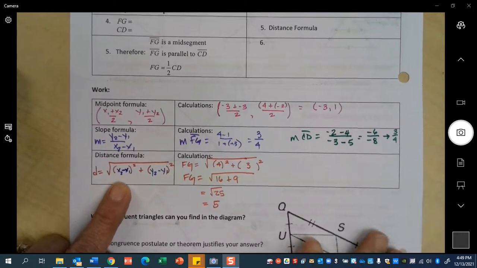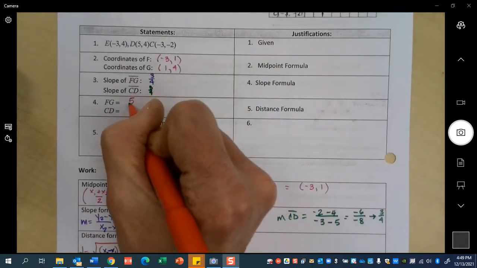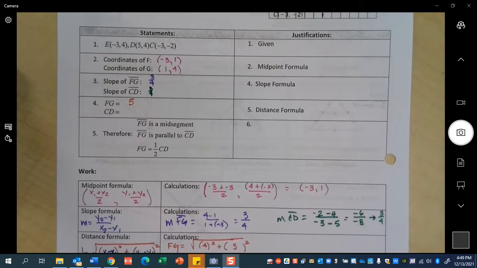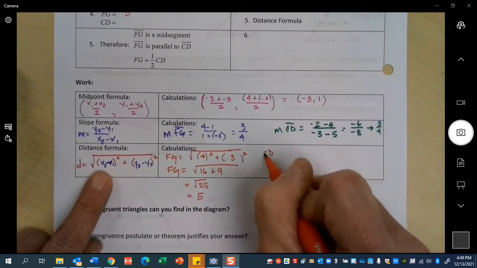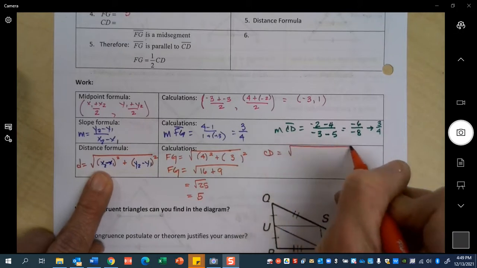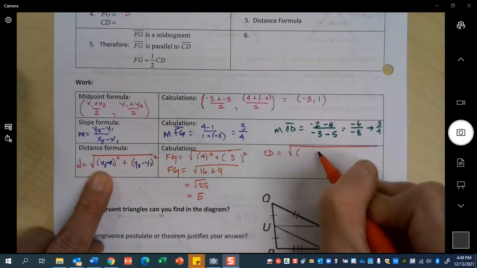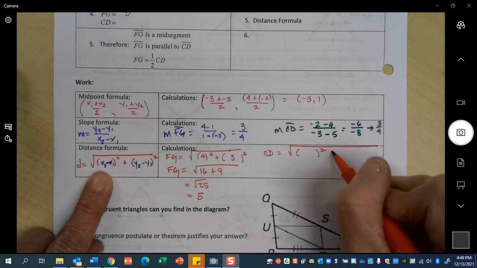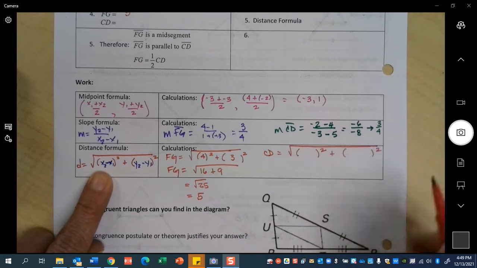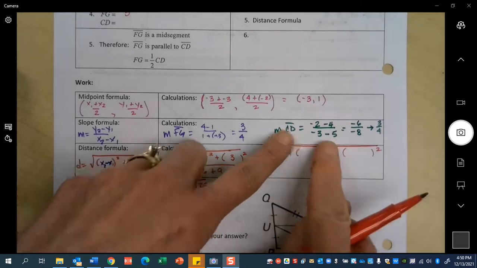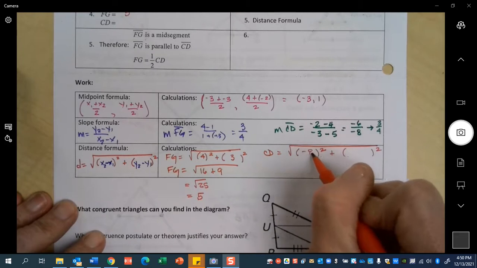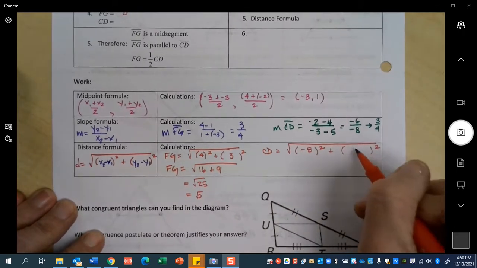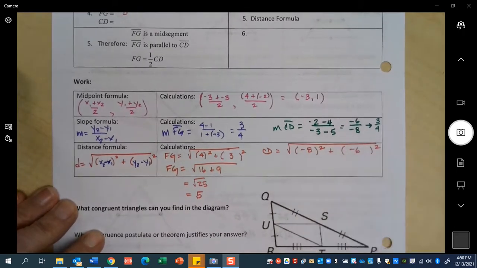Now let's come on over and do the distance from C to D. So if I want to know the distance from C to D, I say that's equal to the square root of my difference between my x coordinates squared and the difference between my y coordinates squared. So to go back up to this work I did here, the difference between my x coordinates was -8. The difference between my y coordinates was 6.